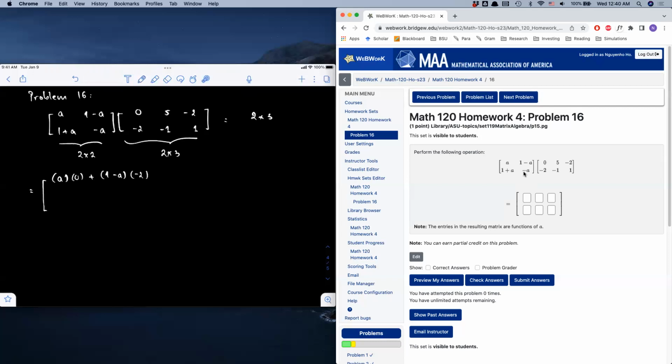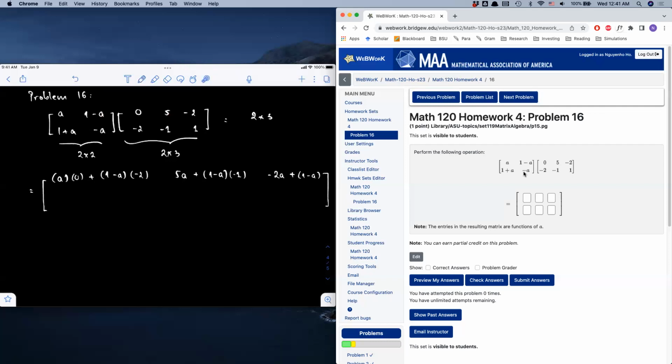The second entry is the first row of A combined with the second column of B. You get 5A plus, let me be careful here, 1 minus A times negative 1. And for the last entry, you get negative 2A plus 1 minus A.